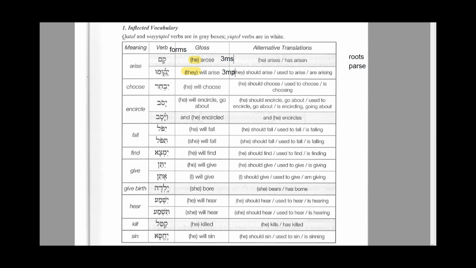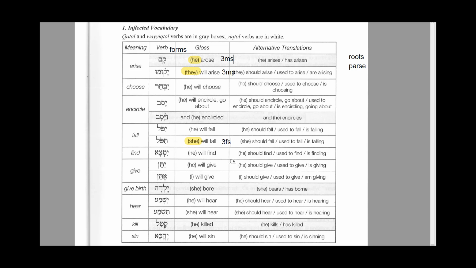Some verbs can be third common plural, meaning they're common to both male and female, but this particular one is masculine plural. They. Then we come down here and we see she, and that will be third feminine singular.